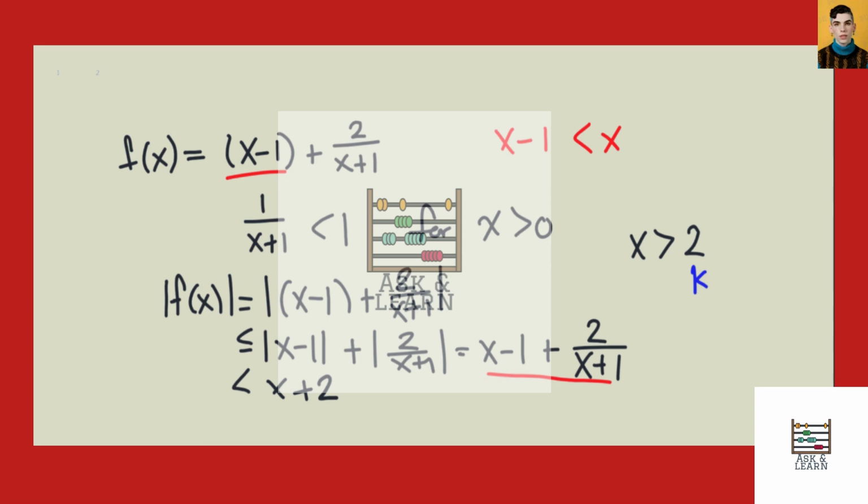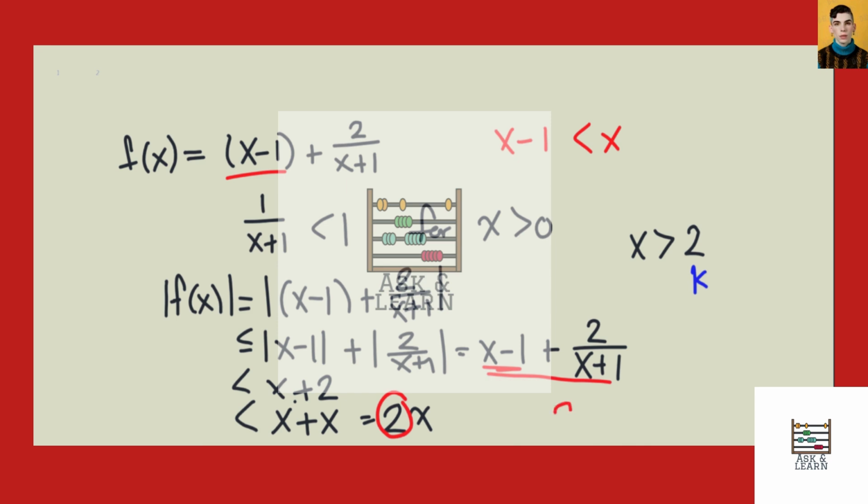Okay, because we know that x minus 1 is less than x, and we know that 2 over x plus 1 must be less than 2. So the two combined must be less than x plus 2. And since x is greater than 2, this is going to be less than x plus x, which is 2x, and that gives us a c value of 2.